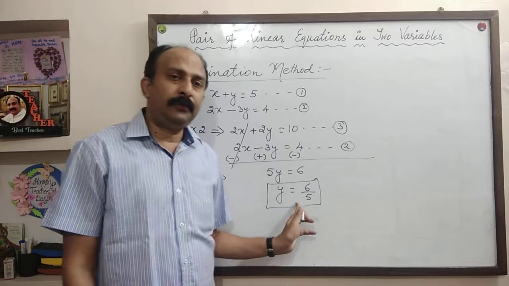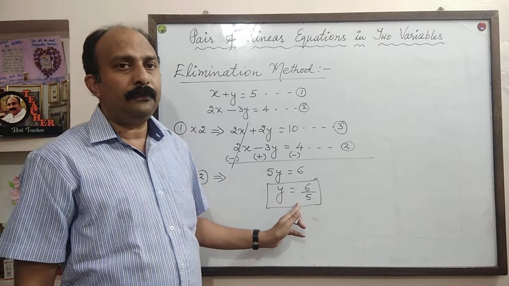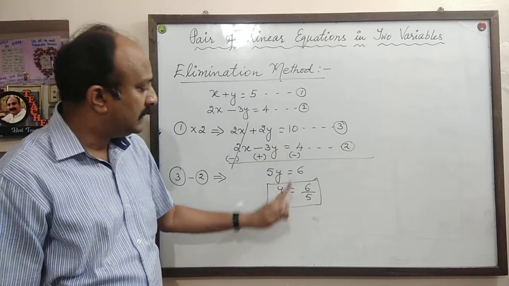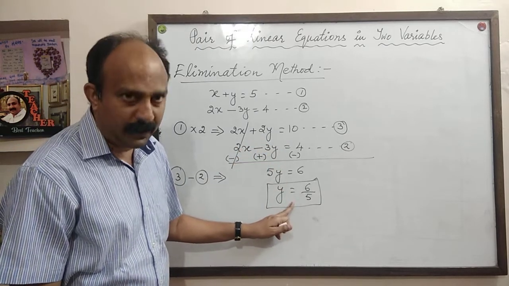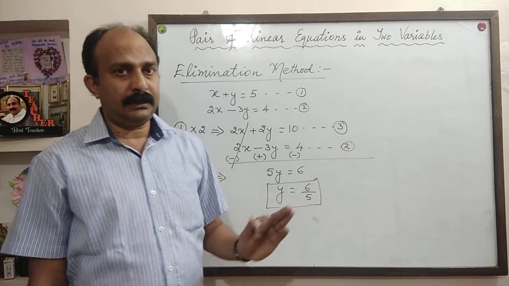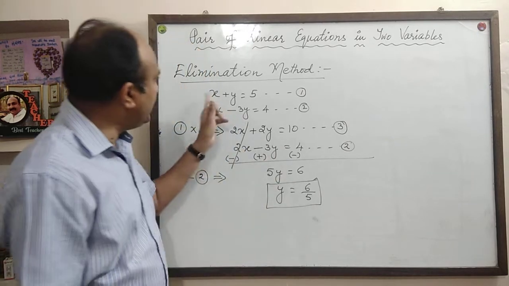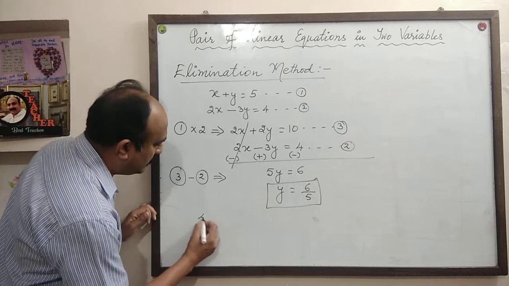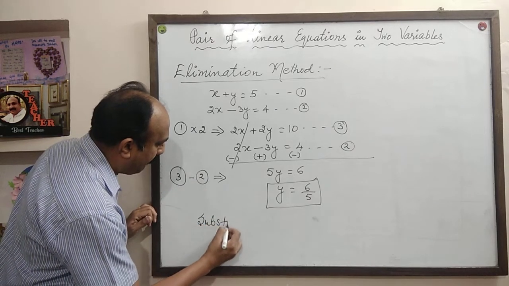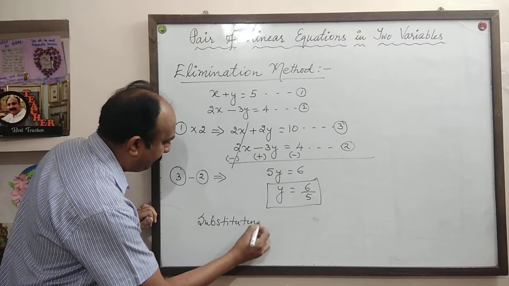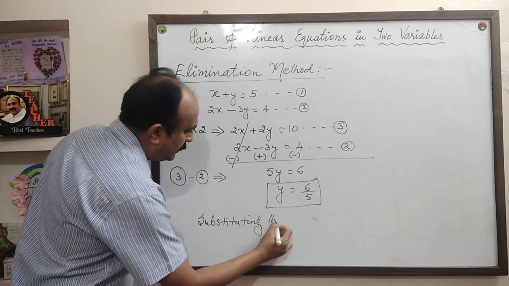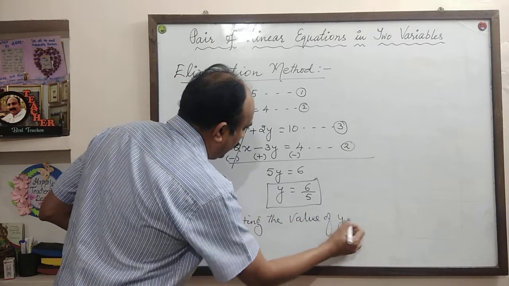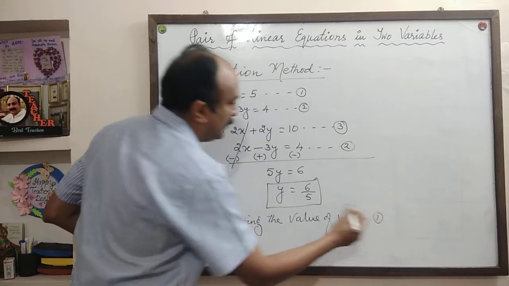We got the value of y. We got the value of one variable. Now, as we did in the previous method, substitution method, we will substitute the value of y in any one of the equations. We can say the first equation is easier than the second one. So we will substitute the value of y in equation 1.